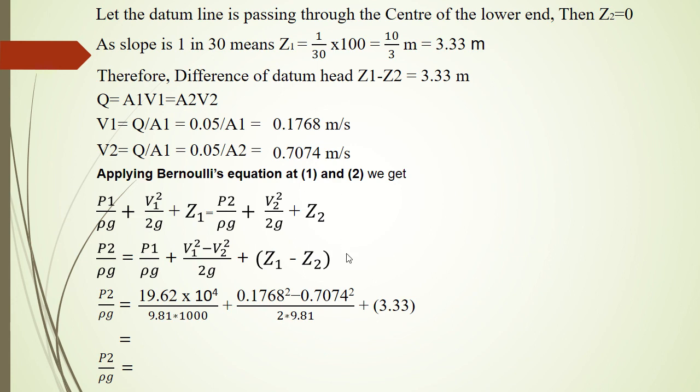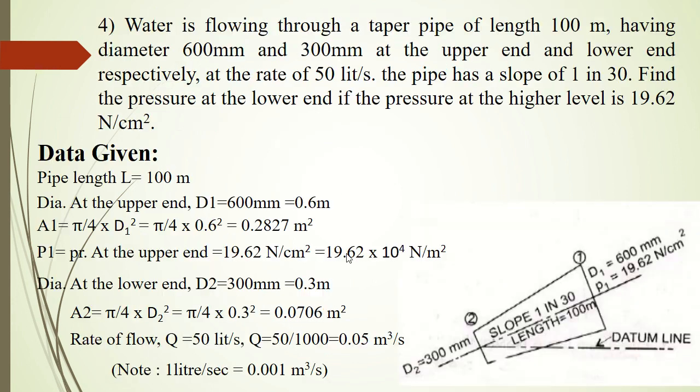One more feature you should also consider is you should take the axis of the pipe on the datum line, so that at least you can avoid Z2, right? If you take it somewhere above, again you have to calculate Z2.